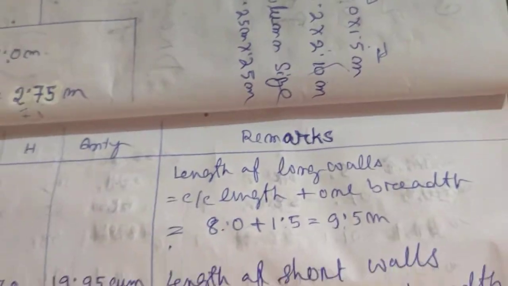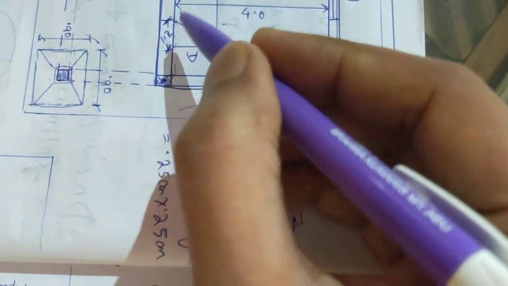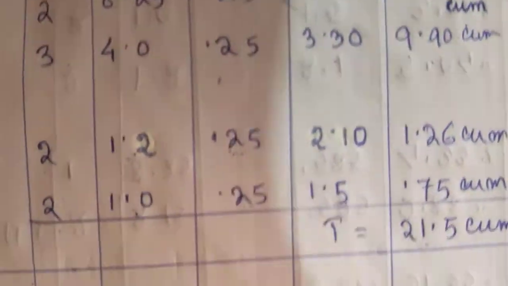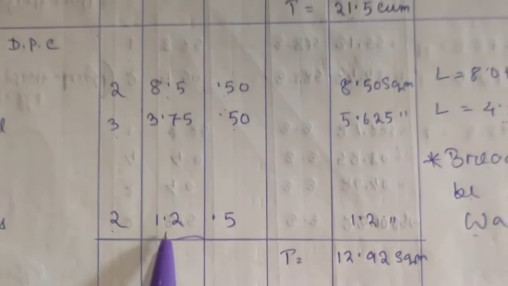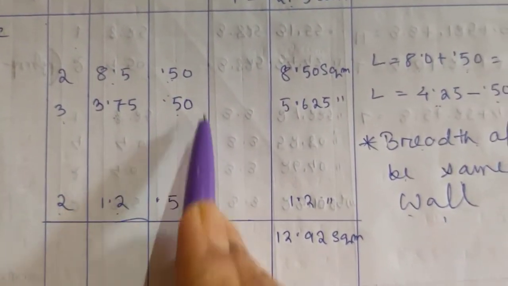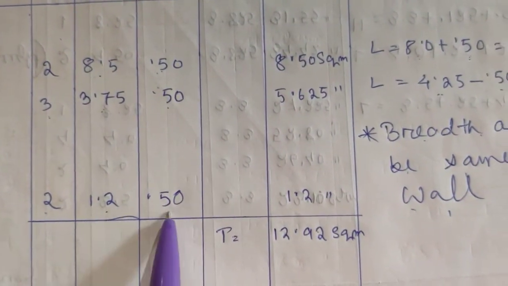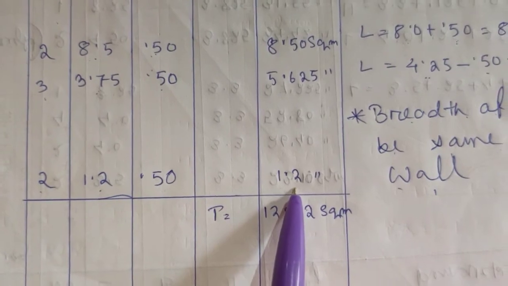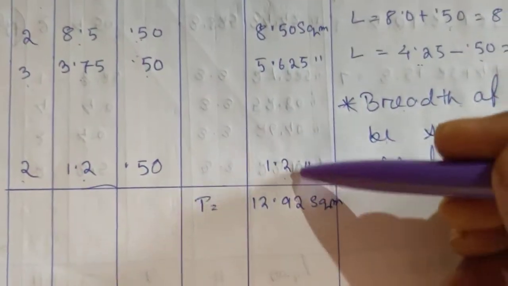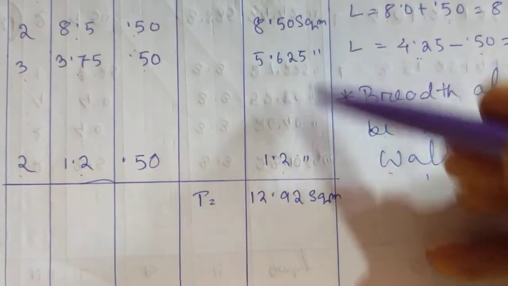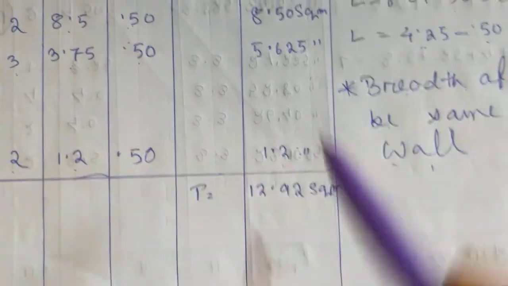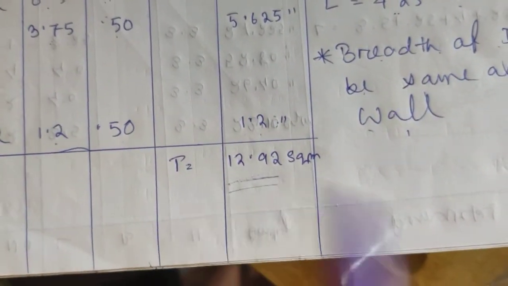So we'll have to deduct this 1.2 portion from the total DPC quantity. So total number of doors is 2, length is 1.2, and breadth will be same as the DPC item, it is 0.5. So 2 into 1.2 into 0.5 is the 1.2 square meter quantity that we'll have to deduct. So this plus this minus this is the total quantity of DPC.